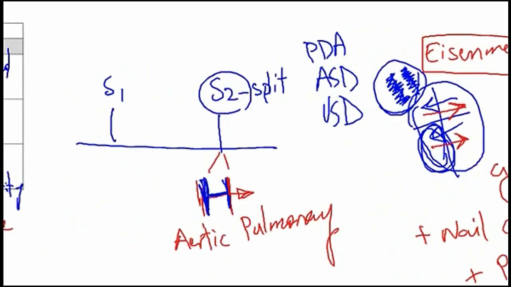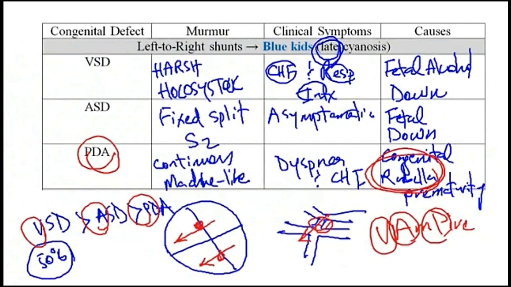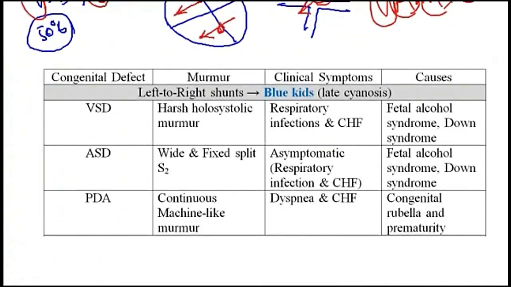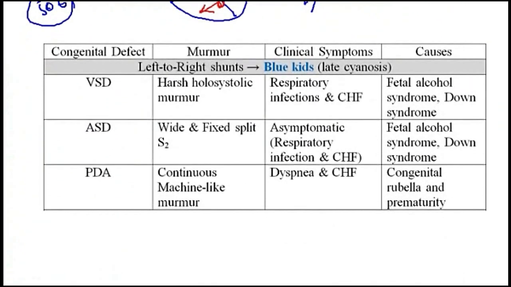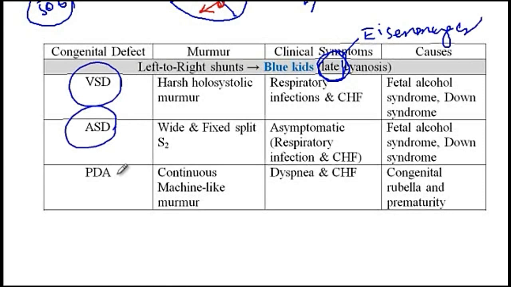Alright, now that we are done with these explanations, let's go through this table and summarize what I just explained. The types of congenital heart defects that are associated with late cyanosis due to Eisenmenger syndrome include ventricular septal defect, atrial septal defect, and patent ductus arteriosus. Since the cyanosis will develop later in life, these patients are referred to as blue kids.